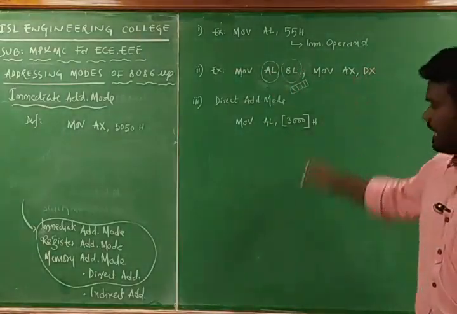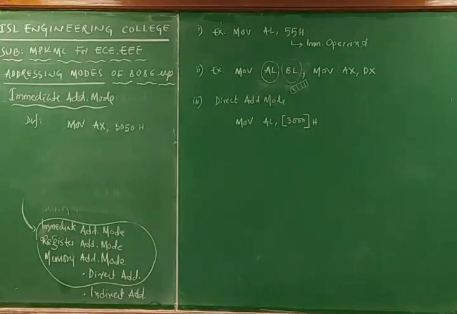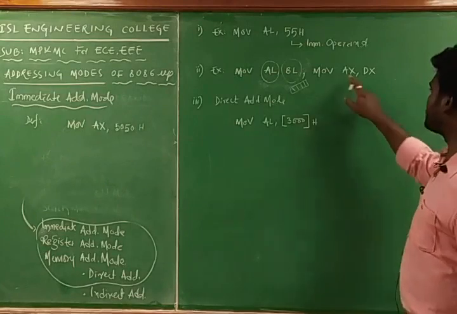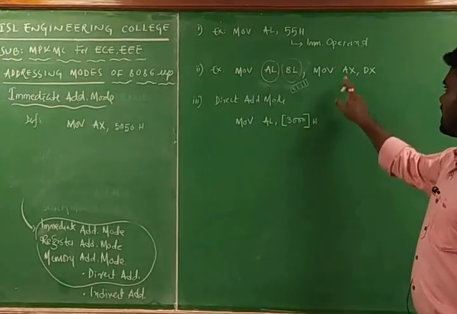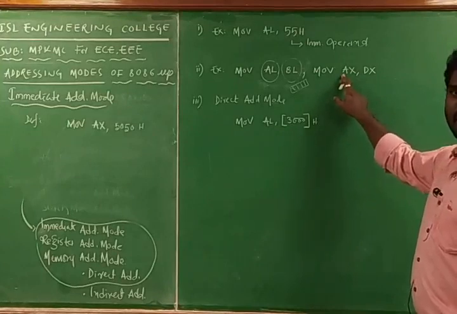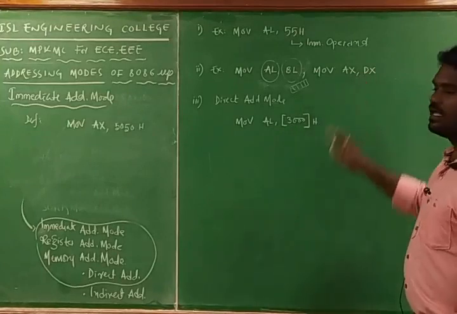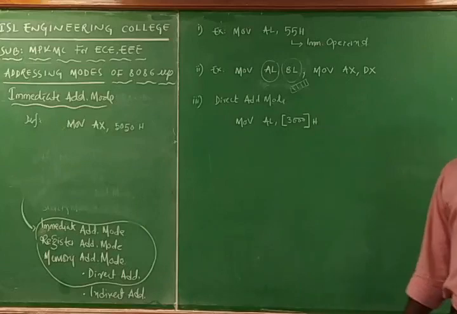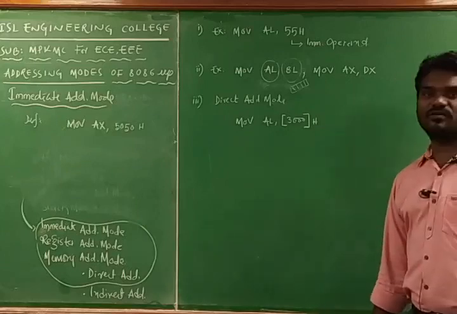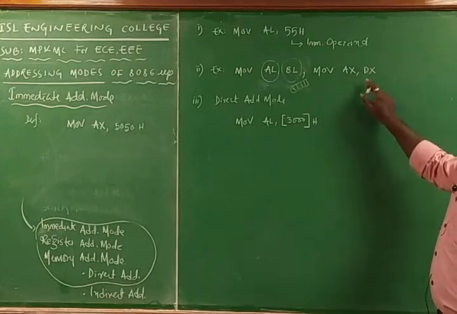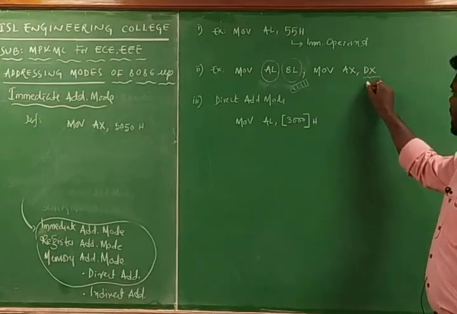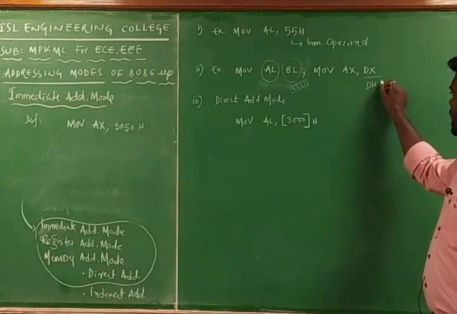The second example in case of register addressing mode is MOV AX, DX. A is the accumulator register and D is the data register. DX is a combination of DH plus DL.